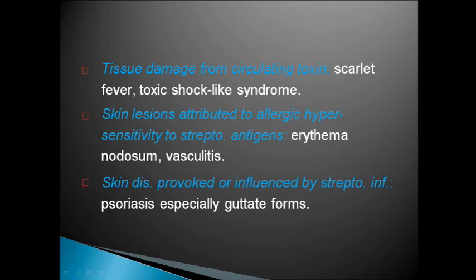Along with it, vasculitis and erythema multiforme. These kinds of lesions can also occur due to an antigenic response to the streptococci or staphylococci present over the skin. Now we have to remember most of these responses are usually seen against streptococcal infection and rarely against staphylococcal infection.